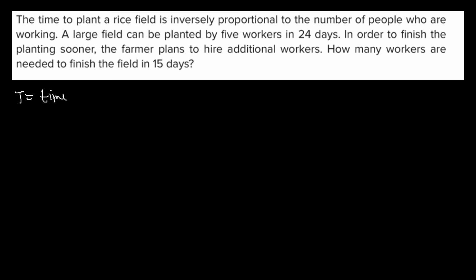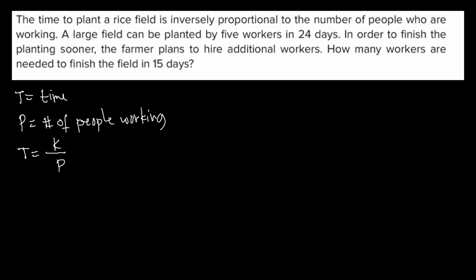Inversely proportional to the number of people. Let's put p as the number of people working. So we can now write our equation. So t is inversely proportional to the number of people, so let's write the k and the p. Okay, so this is our equation.